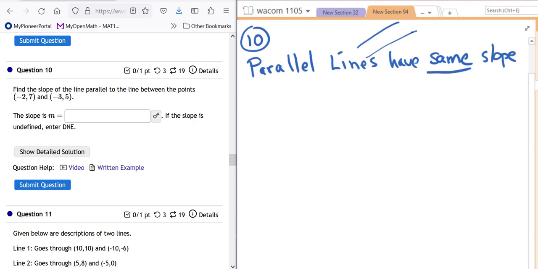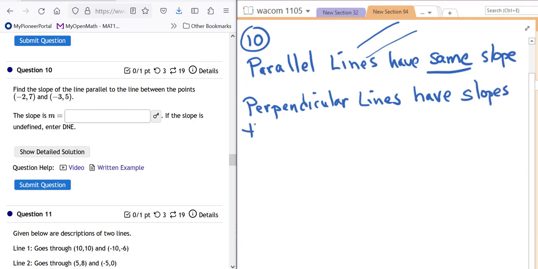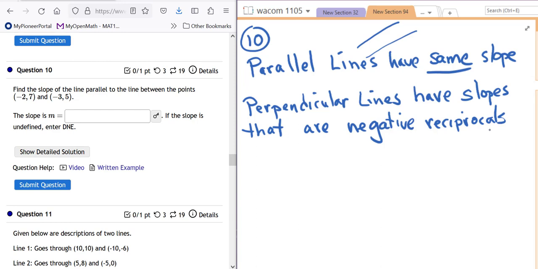Okay. Perpendicular lines have slopes that are negative reciprocals. So opposite signs and flip them over. And it doesn't have to be either one. All right, so we're going to keep that in the back of our mind.